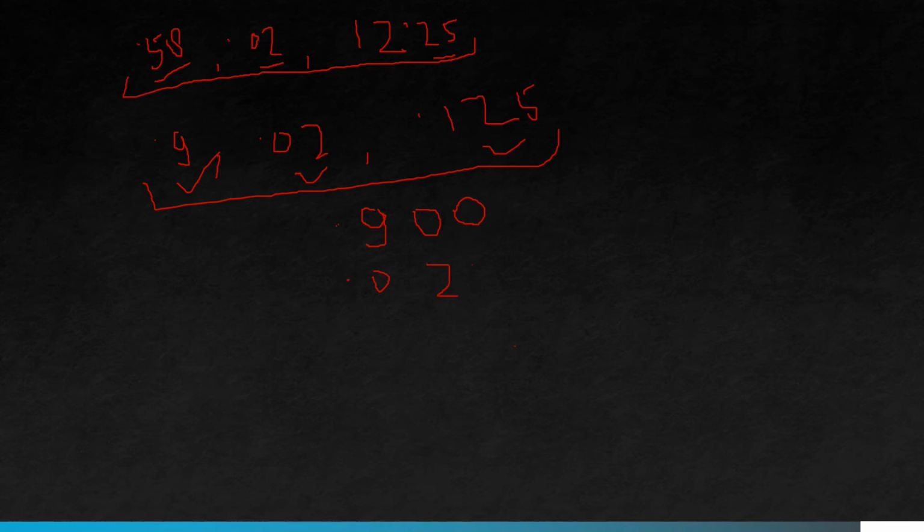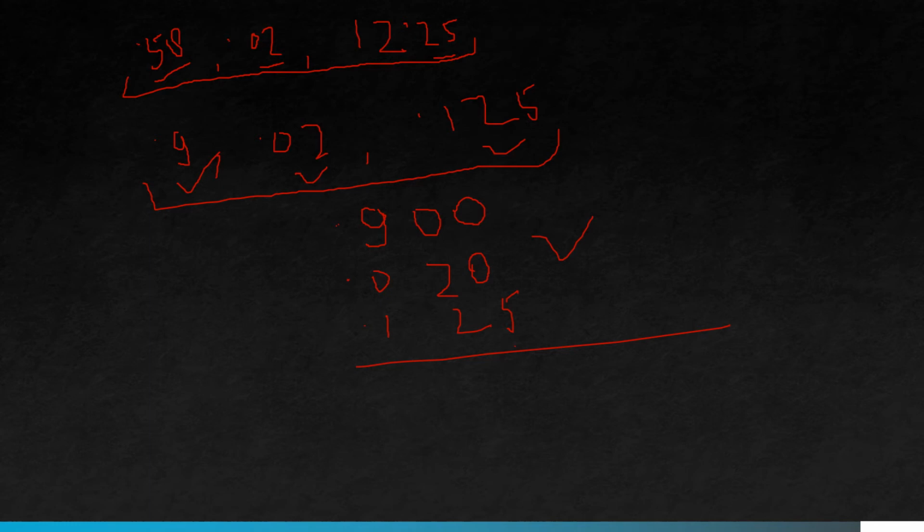Okay. Now for 0.02, we can add one more zero, so 0.020. Similarly, we have 0.125. Now what we have done is converted the unlike decimals to like decimals. Okay, got this point?